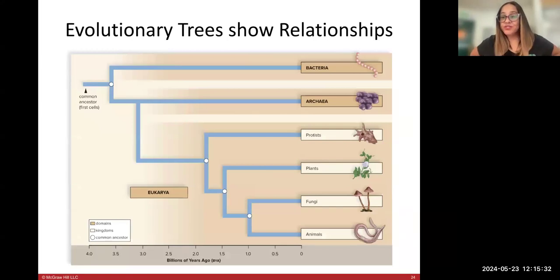And this is called an evolutionary tree, where the common ancestors for the very first cells are very, very far away from each other. And the closer you are in the tree, the more recently your ancestors branched off from each other. So our closest ancestors, according to this tree, are actually fungus.